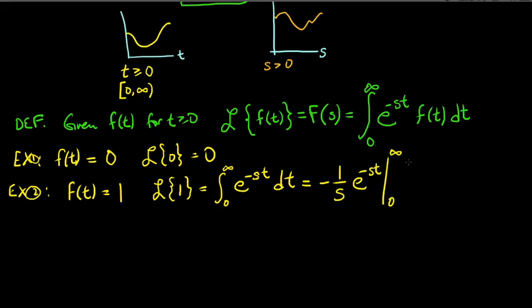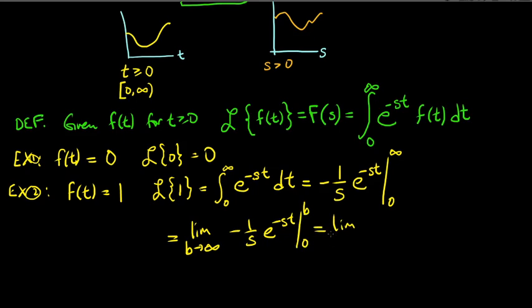And now I'm being a little sloppy here, right? You can't plug in infinity here. What we're going to do, though, is take the limit as, let's say, b goes to infinity of negative 1 over s, e to the negative st, and then we evaluate this between 0 and b.